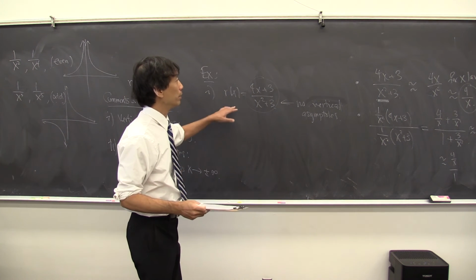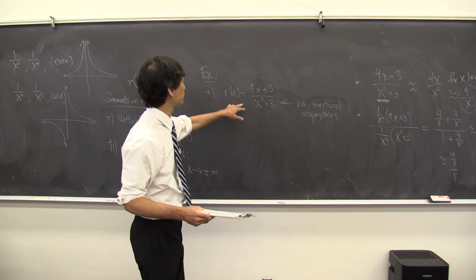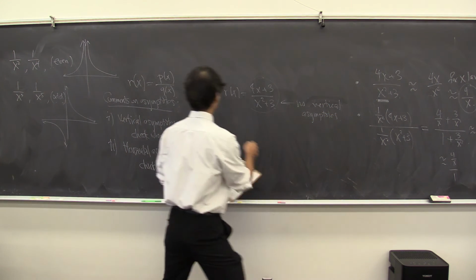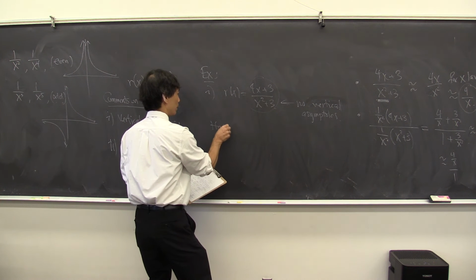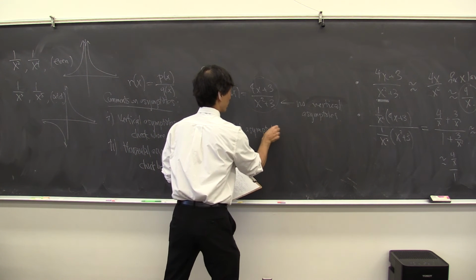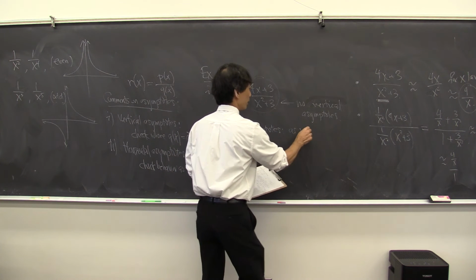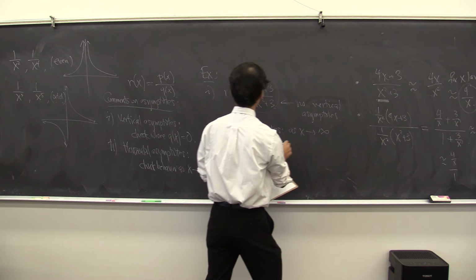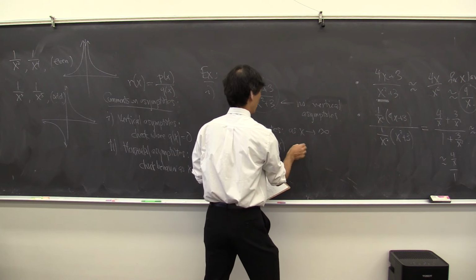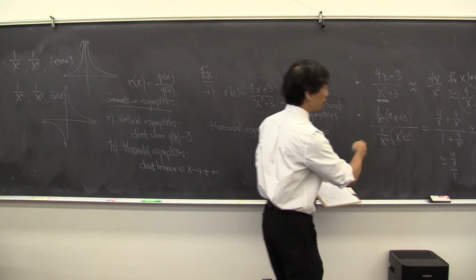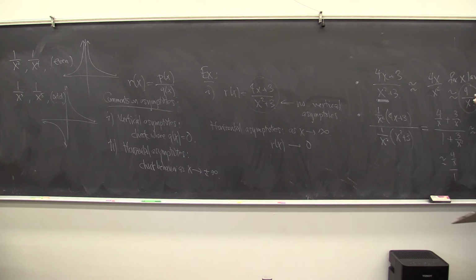Okay, so in any case, we were thinking about the horizontal asymptotes. As x goes to positive infinity, this thing becomes 0, so r of x tends to 0. And if you go to negative infinity, the same thing happens, because you've got this 4 over x.